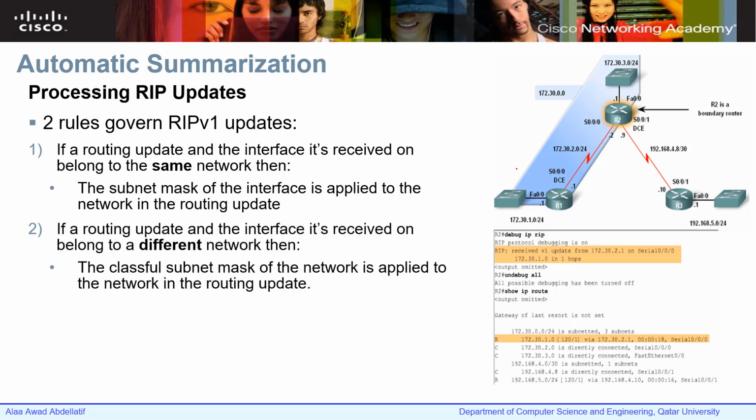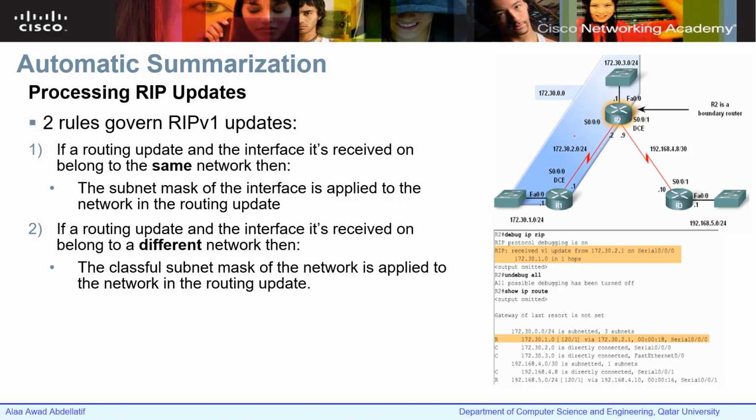Now, to enable the exchange of packets between different routers using this automatic summarization: if routing updates come from the same network, for example R1 sends to R2 or R2 sends to R1, so it is inside the same network, we don't make summarization for it.